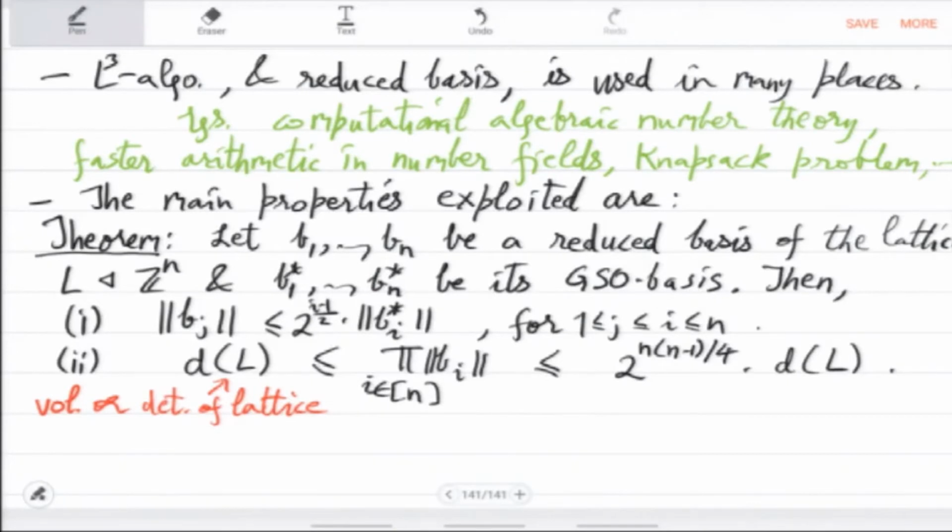Okay, it's a 2 raised to n square approximation. Intuitively, what it is saying is that the B1 to Bn that you get are pseudo orthogonal. Okay, so their product also is not very far from the volume.